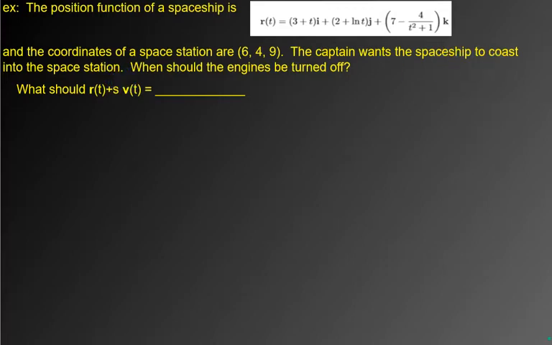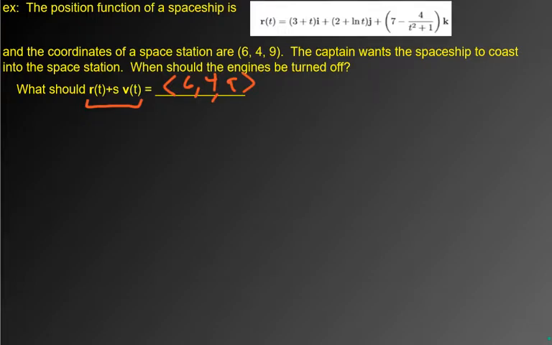So basically they're going to shut the engines off, and this thing is just going to end up moving right into here. So the question is, when should they shut it off? And basically this becomes the thing that you want to set equal to 6, 4, 9.